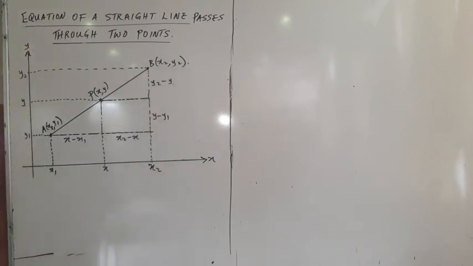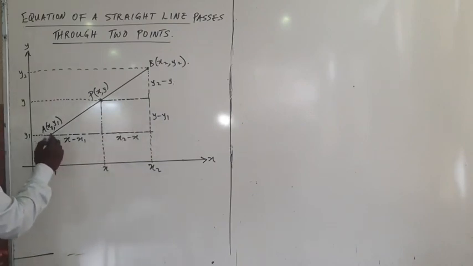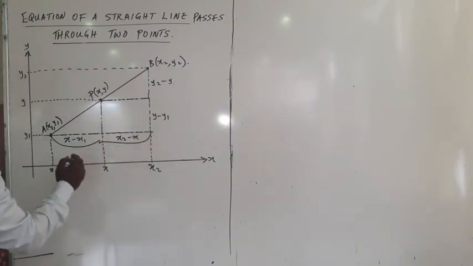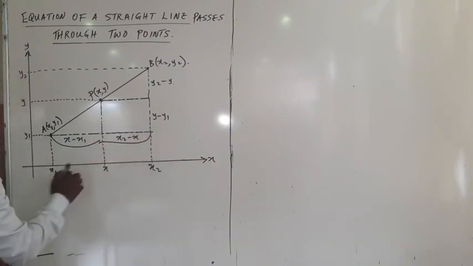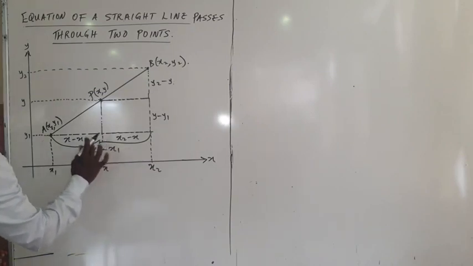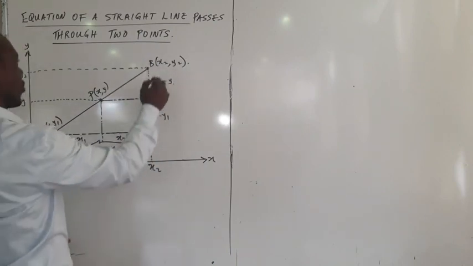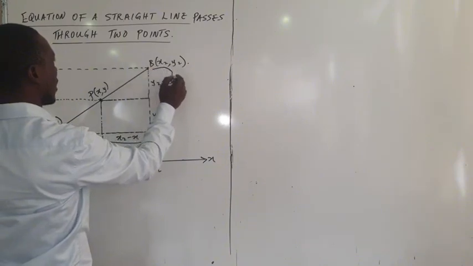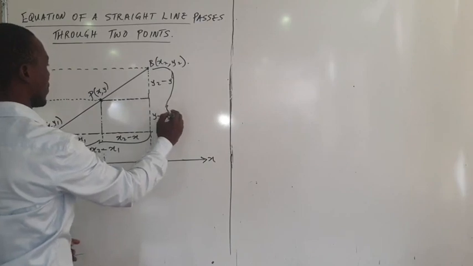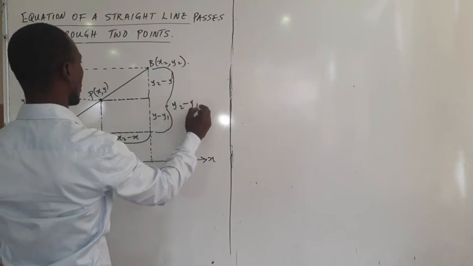Then we are going to look for another distance, that is from A to B. The distance AB along the horizontal axis is x2 minus x1. Then the same thing goes for distance AB along the vertical axis, that is y2 minus y1.